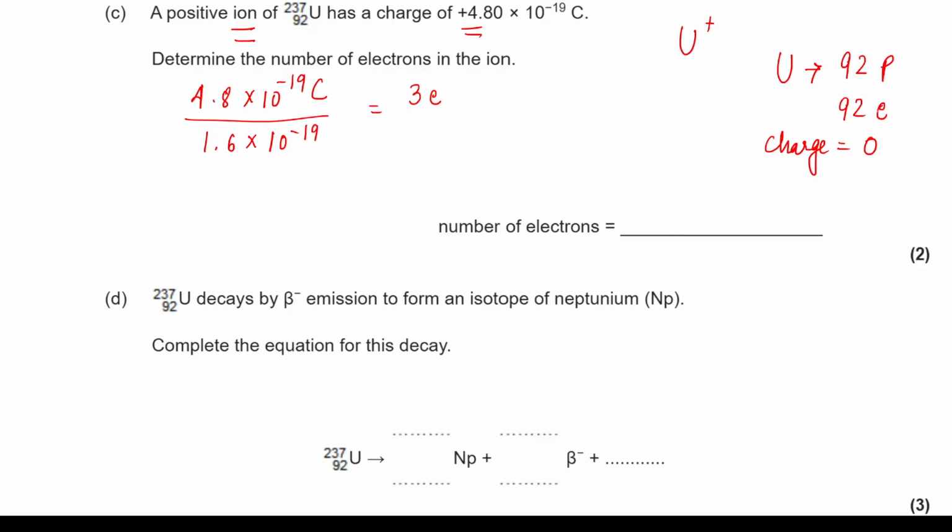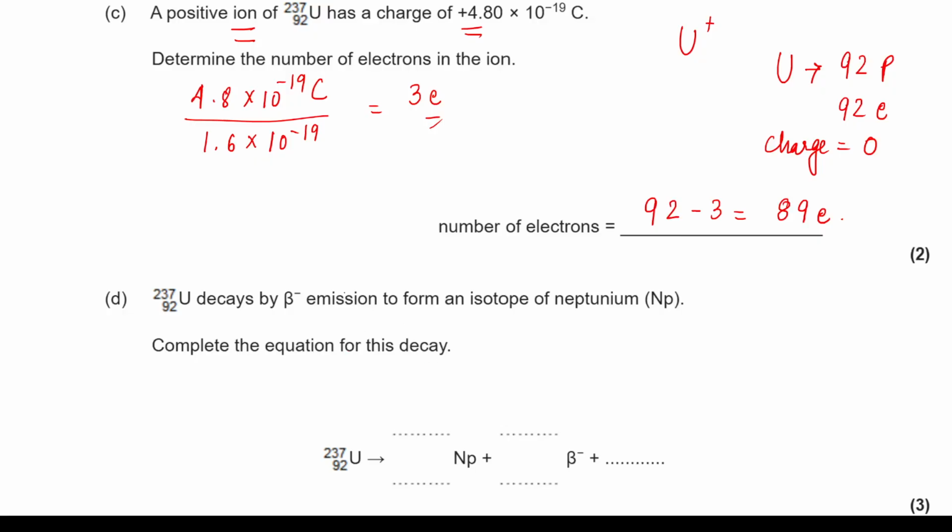That means it must have lost 3 electrons. So the total number of electrons it would have is 92 minus 3, that is 89 electrons. Okay, if you have not understood, pause, rewind, redo it.